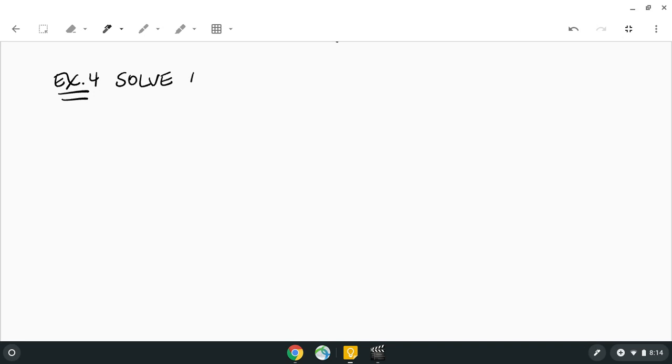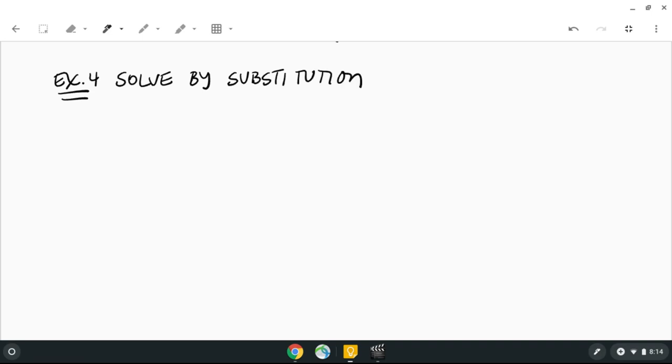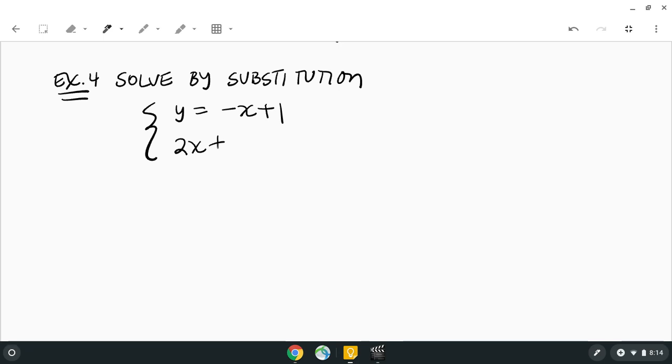Solve by substitution. Suppose that I have this system: y equals negative x plus 1, and 2x plus 2y equals 2.